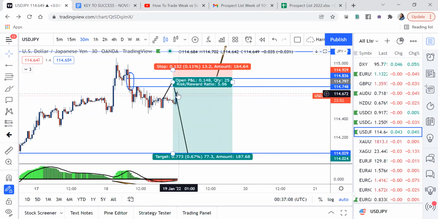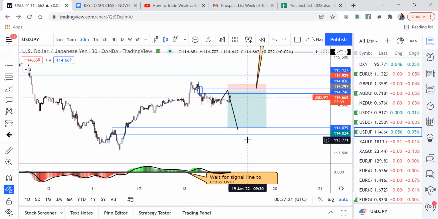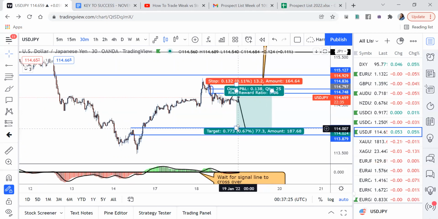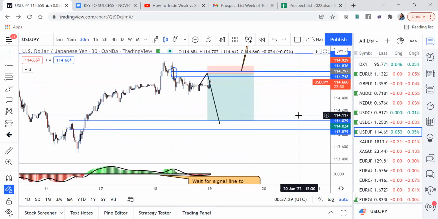So potentially looking for price to come up to here, maybe to activate our order probably around the start of London, and then for us to take the market to the downside. All right, so that's UJ.